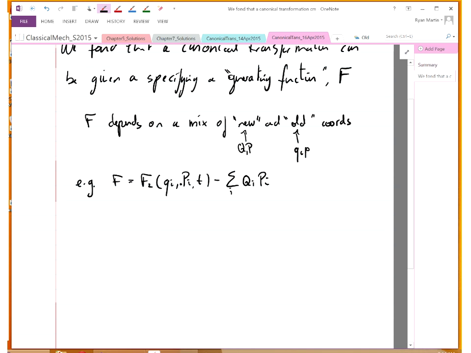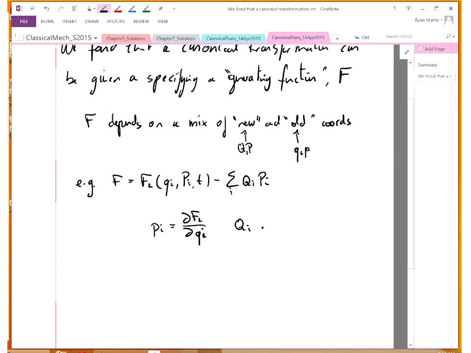So we saw that you can specify a canonical transformation by giving this so-called generating function. So f depends on the lowercase q and the capital P, so then we need to know, how do I find the capital Q and the lowercase p from f?